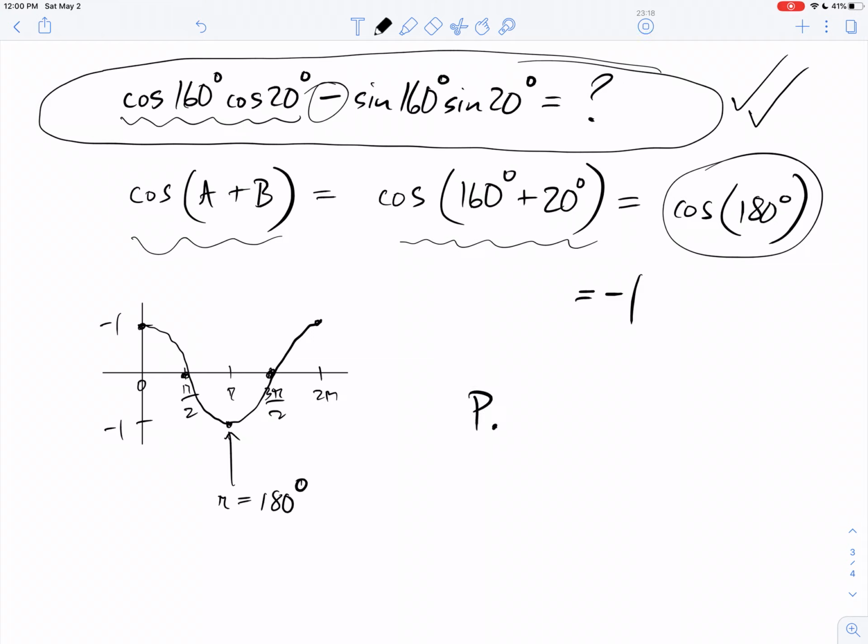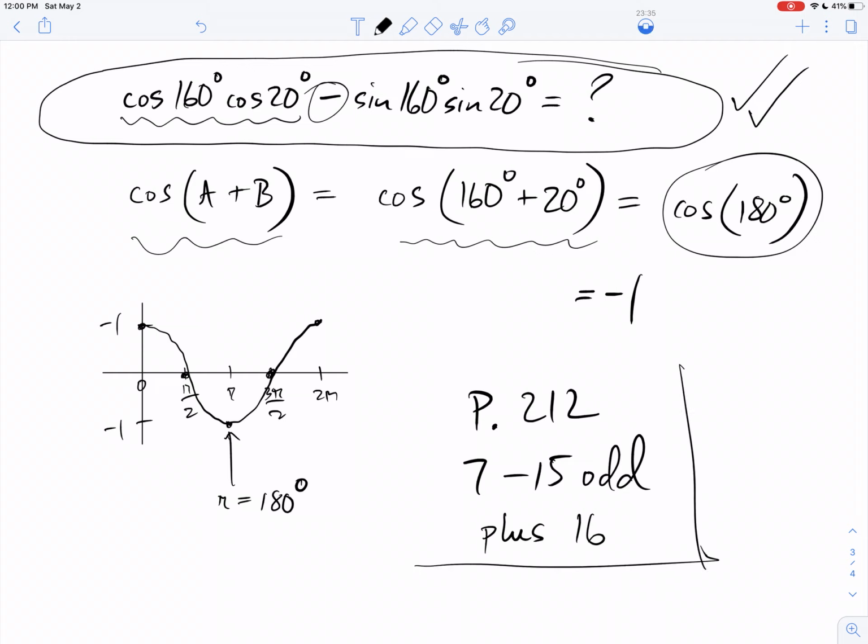Page 212. You should be able to work through, let's do 7 through 15 odd, because I did some evens. 7 to 15 odd plus number 16. And you should be able to check your answers to every single question there, but number 16.